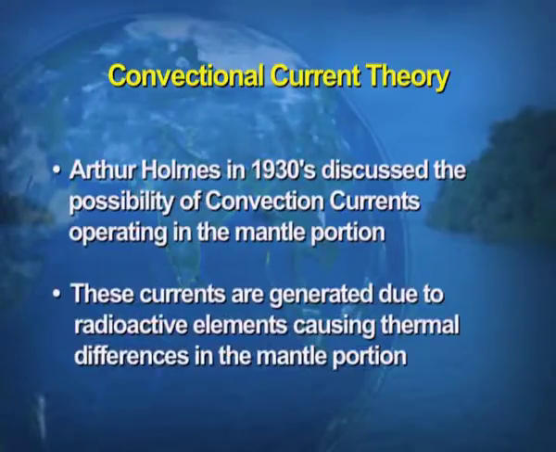He said that these currents are generated due to the radioactive elements causing thermal differences in the mantle portion. Holmes argued that there exists a system of such currents in the entire mantle of the earth.